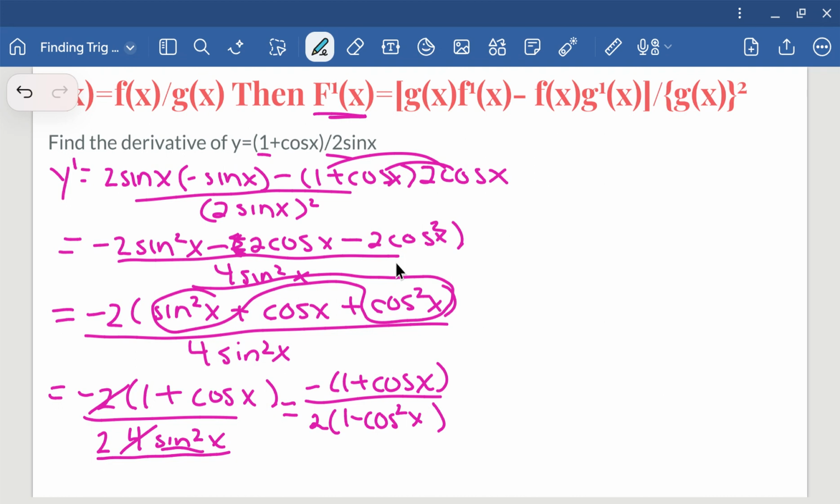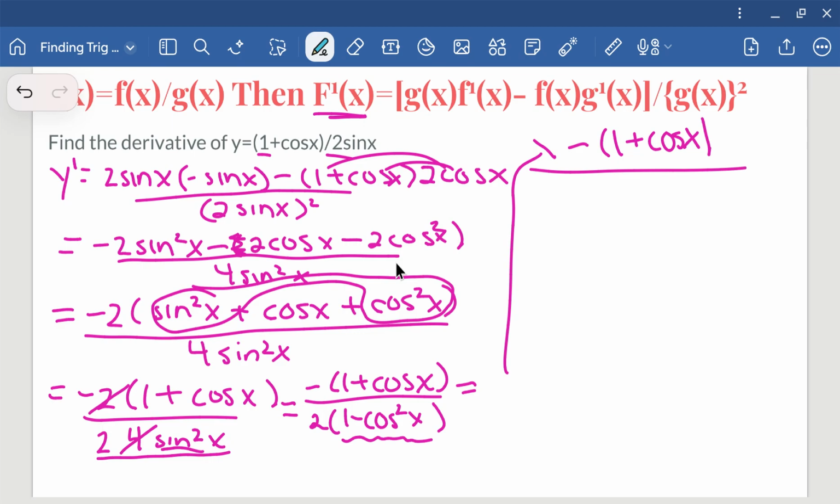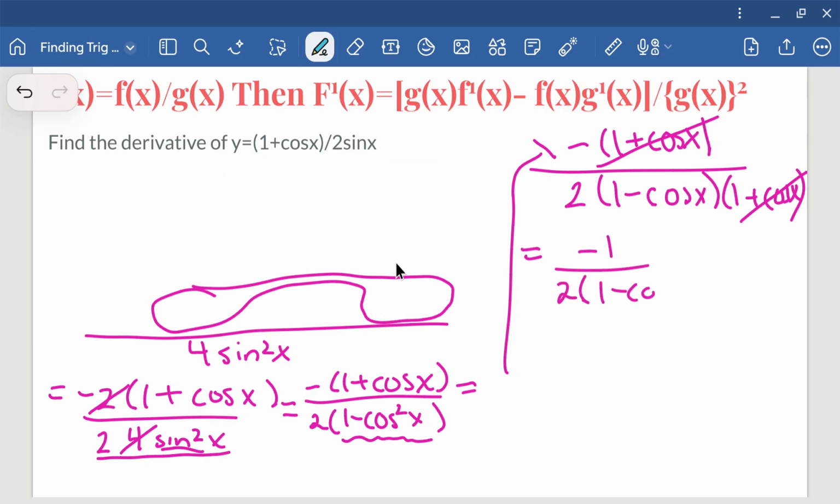Now, with that information, I can bring this further because this is a difference of squares. So if I come up here, I end up with that negative is still there, 1 plus cos of x, all over 2 times 1 minus cos of x times 1 plus cos of x. So I know this is getting messy, but we can see that this part will cancel and everything else will simplify to negative 1 over 2 times 1 minus cos of x.